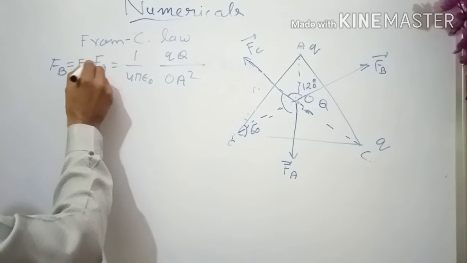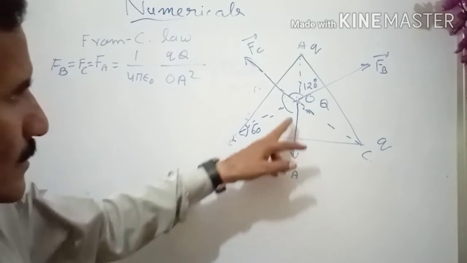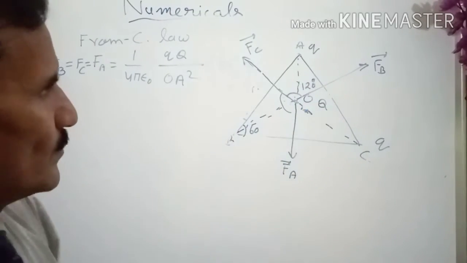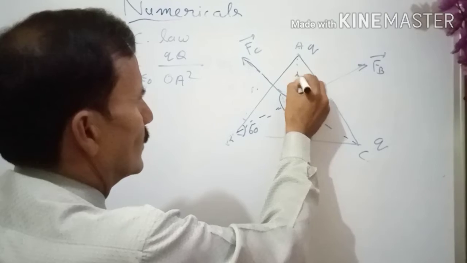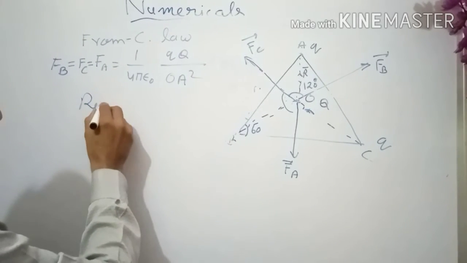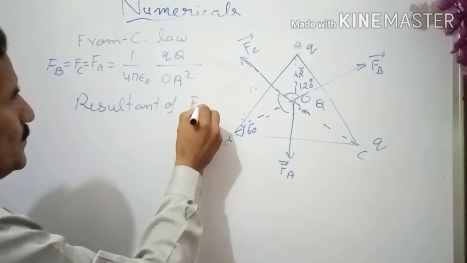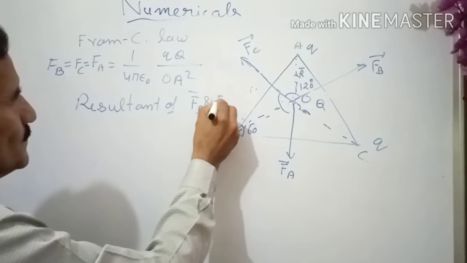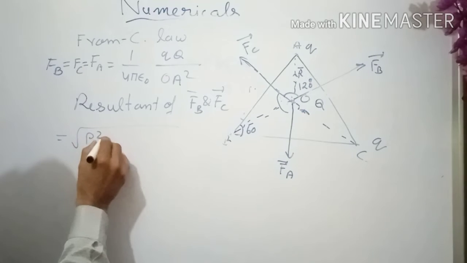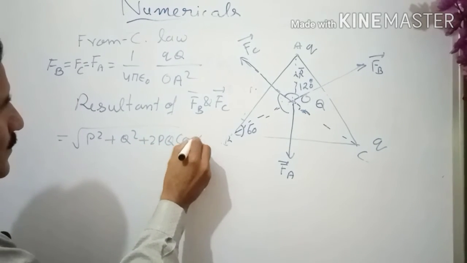Now you have to find the resultant. So you cannot add directly. Now these two forces are acting at angle 120, so use the parallelogram law and find the resultant. So resultant of FB and FC. Use parallelogram law. What is that? P square plus Q square plus 2PQ cos alpha.